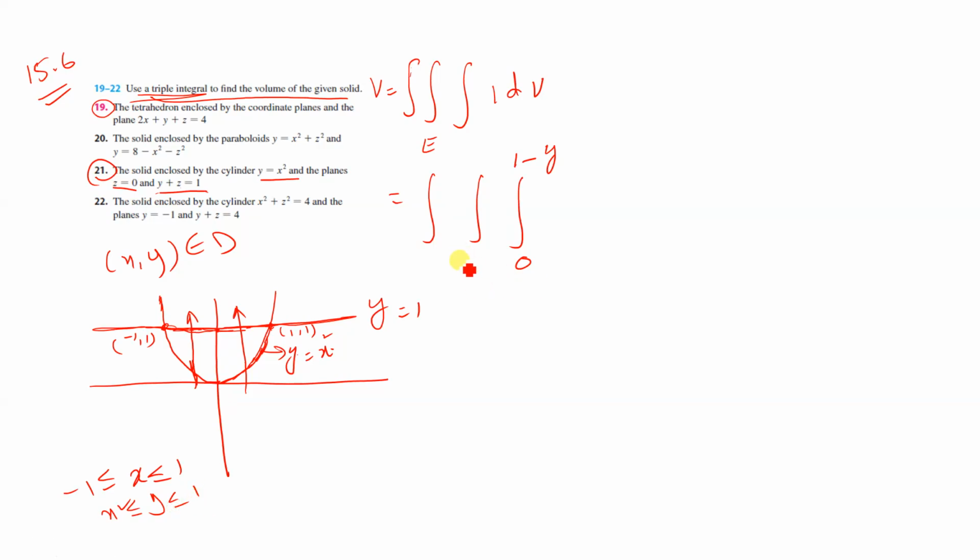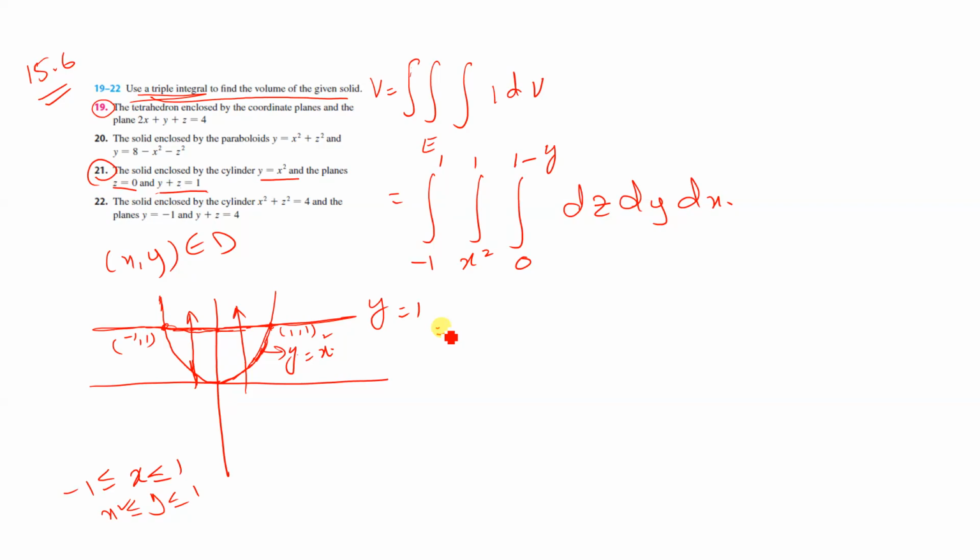So let's write the limits here. x square to 1, these are the limits for y, and bounds for x are negative 1 and 1, and dv then becomes dz dy dx.